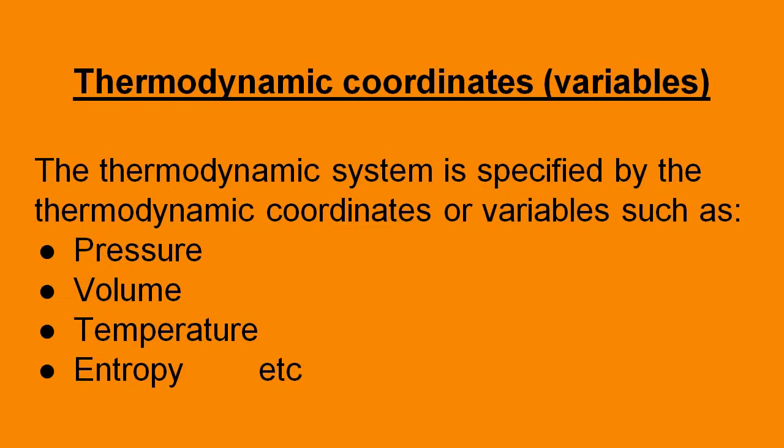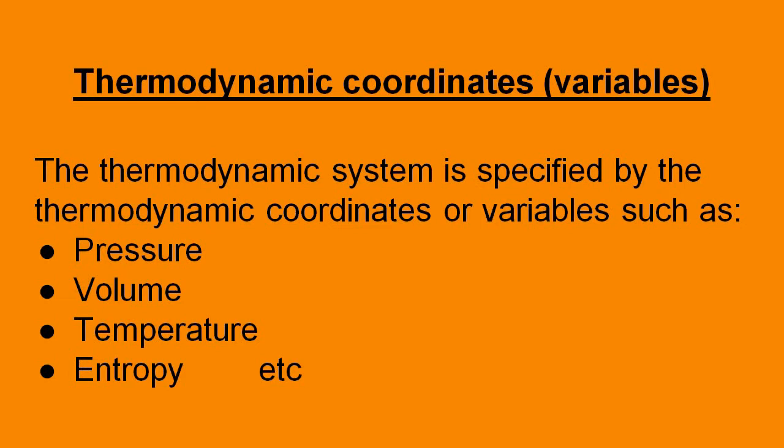Next is thermodynamic coordinates or thermodynamic variables. In order to specify a thermodynamic system, we need some coordinates or variables, and they are known as the thermodynamic coordinates or thermodynamic variables.